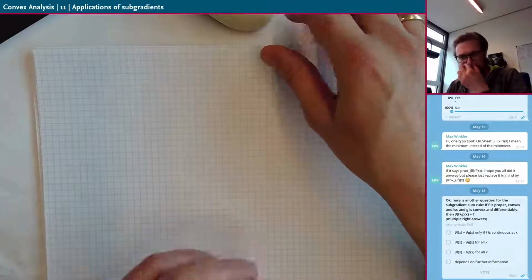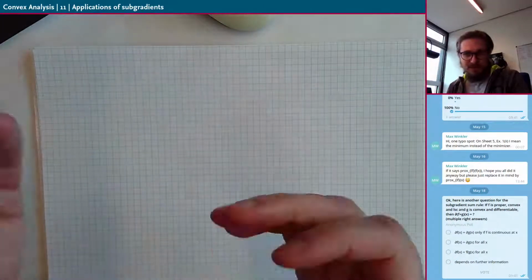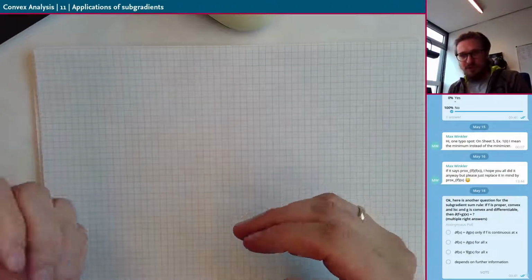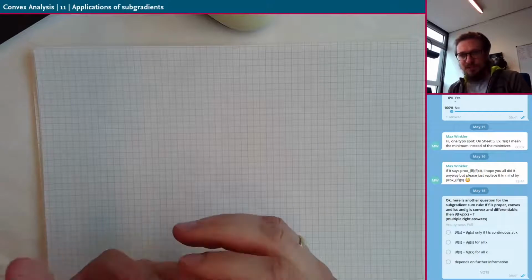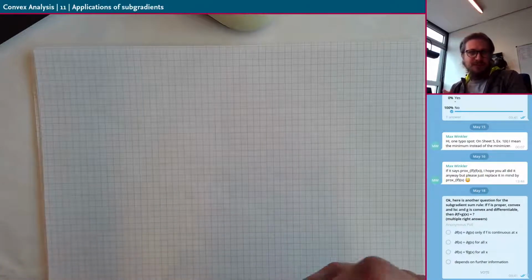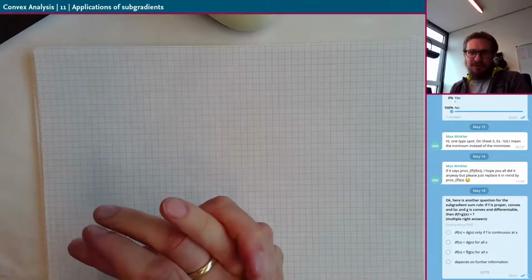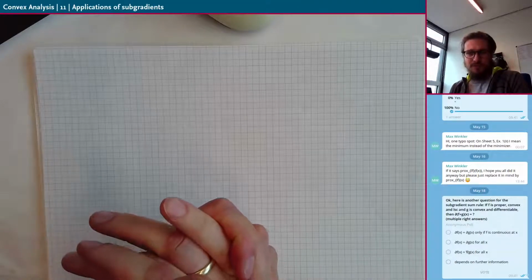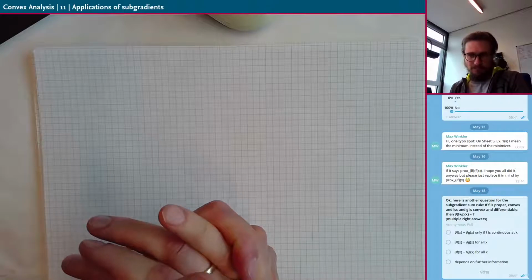The question here is: does the subgradient sum rule hold, and under what conditions? The setup is: you have a proper convex and LSC function f, and another function g which is convex and differentiable. The question is, what do you know about the subdifferential of the sum?